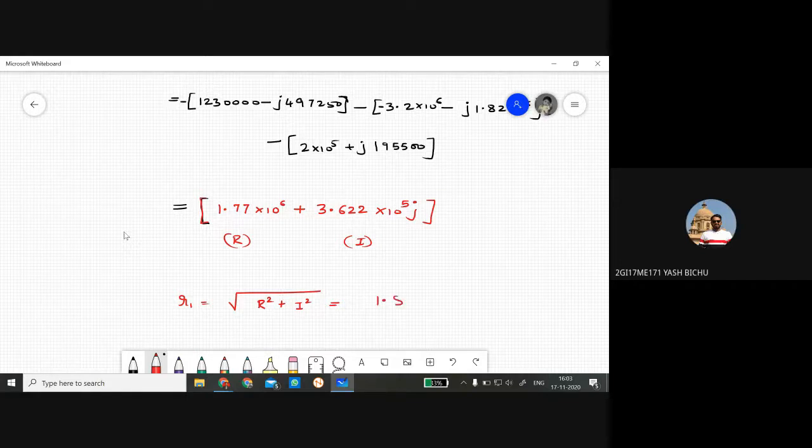The imaginary term is 2.12 into 10 raised to 6.